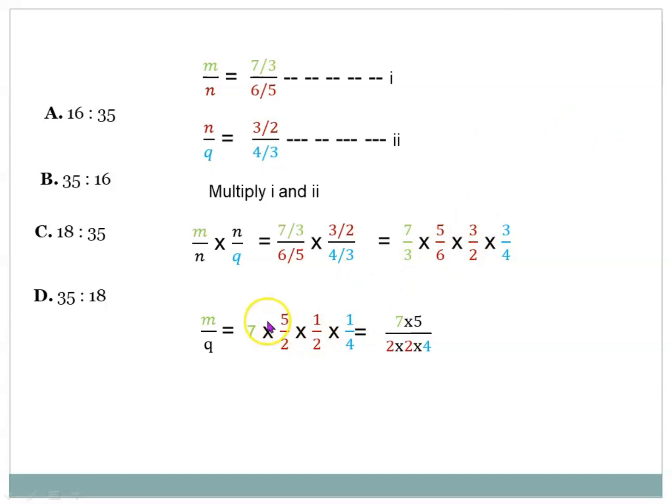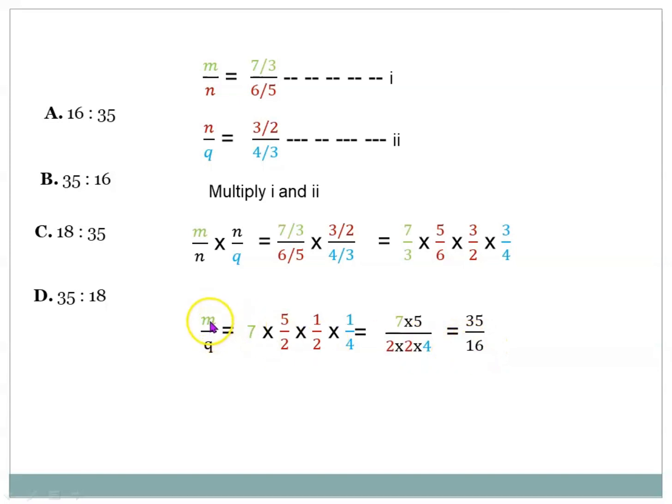So now we have 7 times 5 times 1 times 1 all over 2 times 2 times 4, that is 7 times 5 over 2 times 2 times 4. 7 times 5 is 35, and 2 times 2 times 4 is 16. And we have 35 over 16.